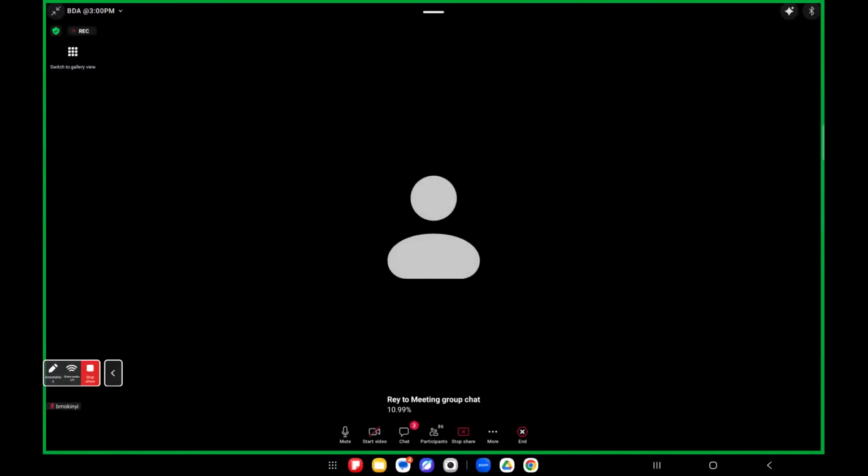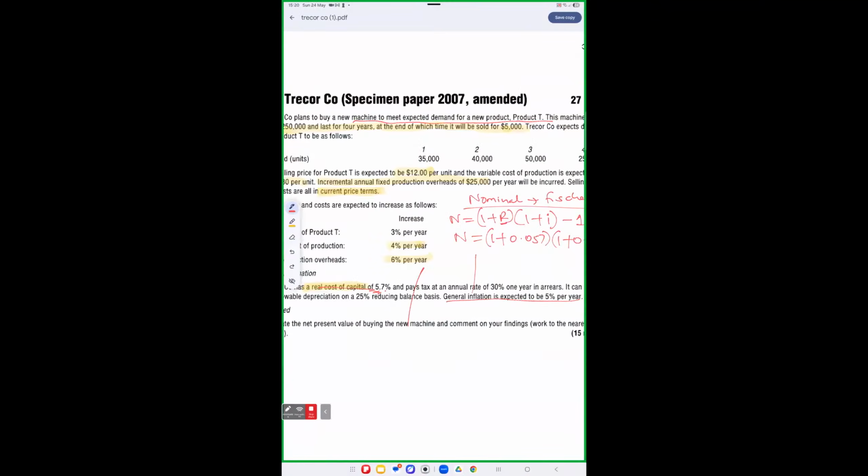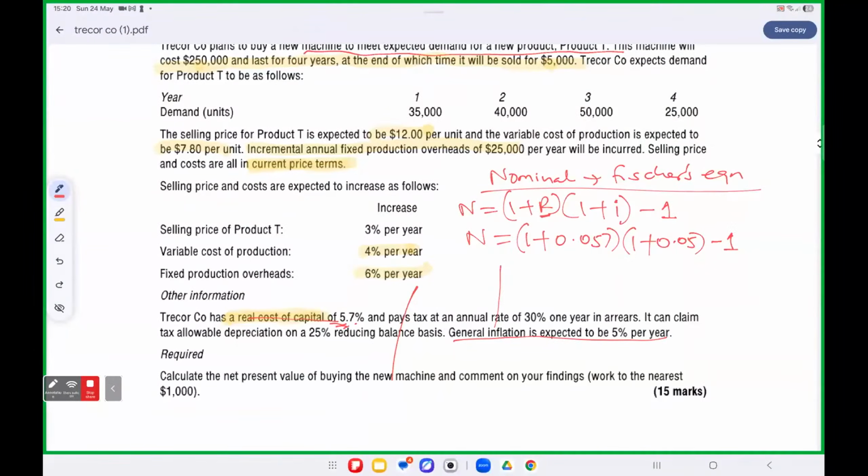Somebody is getting 10.25%. That is a lie. 10.25%, no. Yeah, 10.99, that one I buy. Please remember, you are taking there 1.057 times 1.05 minus 1.